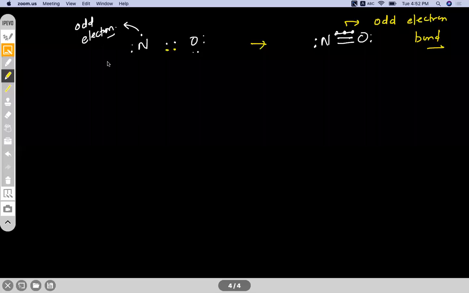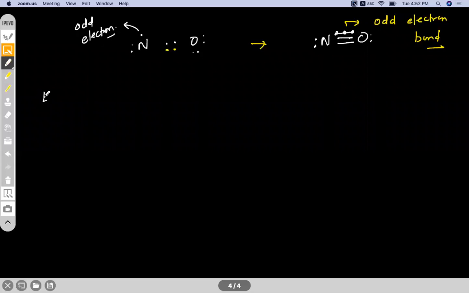Okay, one more example, the last one. That is the example of NO2. If you count the valence electrons for NO2, it is 5 for nitrogen and 6 into 2 for oxygen. So we have 17 valence electrons here.